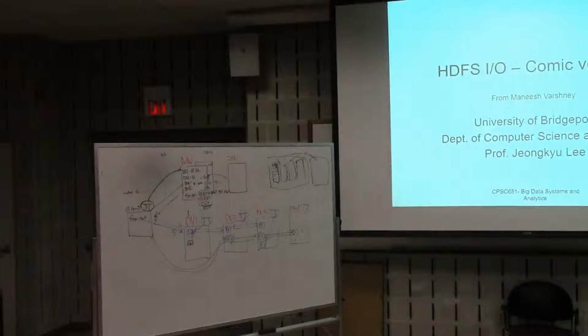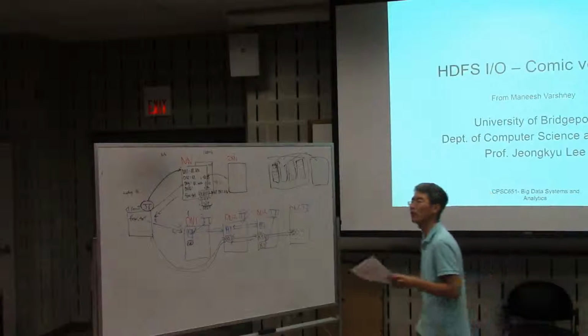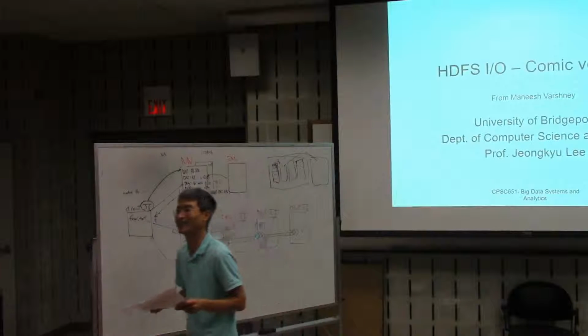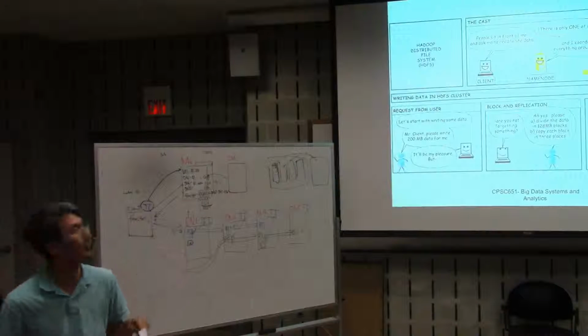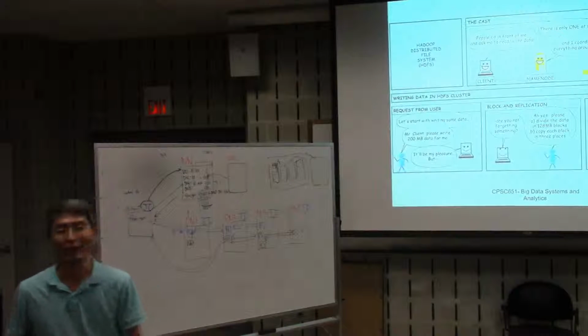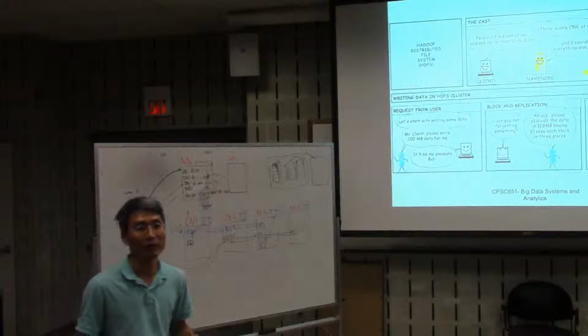I found the comic book on the internet a couple of years ago, so it's not updated, but it's still the same, and it's one of the easiest ways to understand the Hadoop architecture.